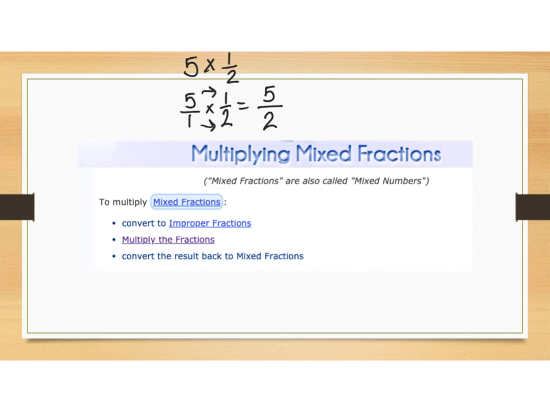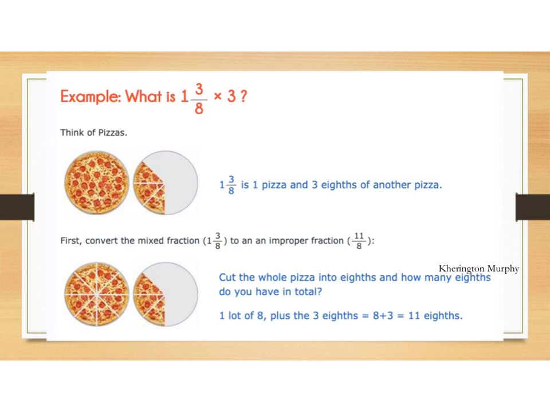Next, we're going to talk about multiplying mixed fractions. Before you can multiply mixed fractions, you must first convert it to an improper fraction. Then you will follow the steps of how to multiply fractions, just as we did before. I will show you how to convert it back to a mixed fraction after we're done. Here's the first example.